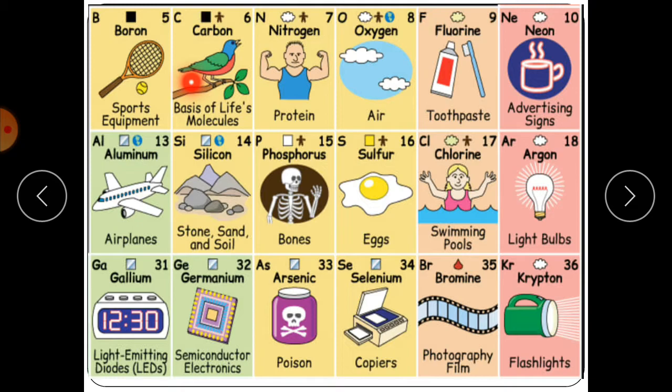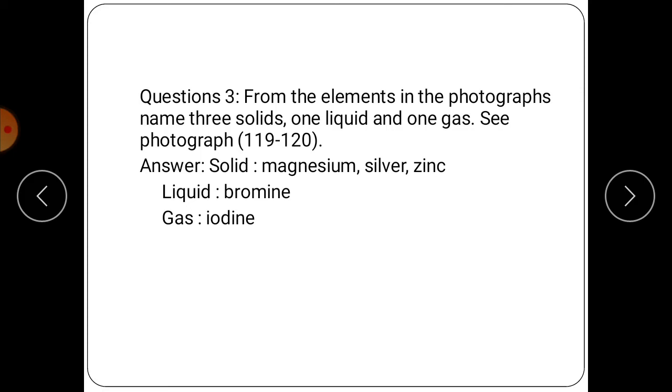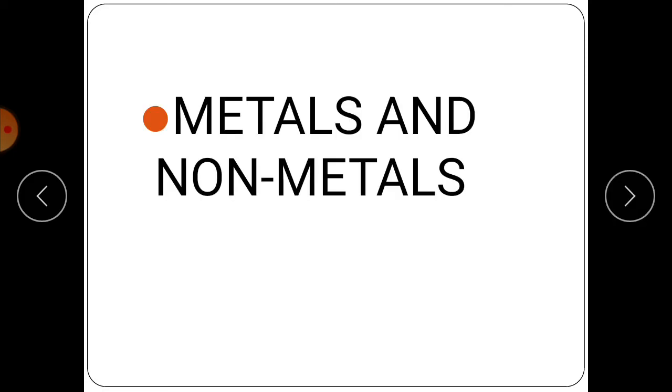The symbol of carbon is C, the symbol of boron is B, nitrogen, oxygen, fluorine, neon, and so many elements you can see here. And we have discussed the exercise also. Now our today's topic is metals and non-metals.